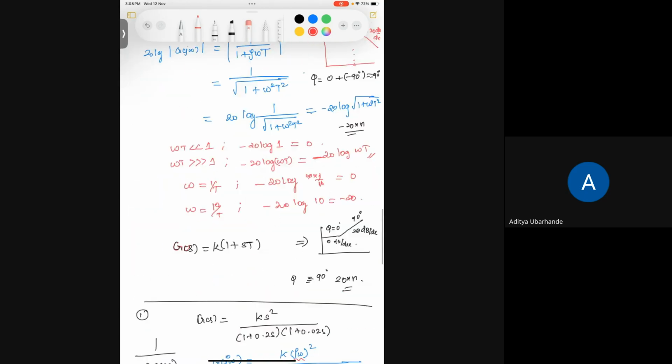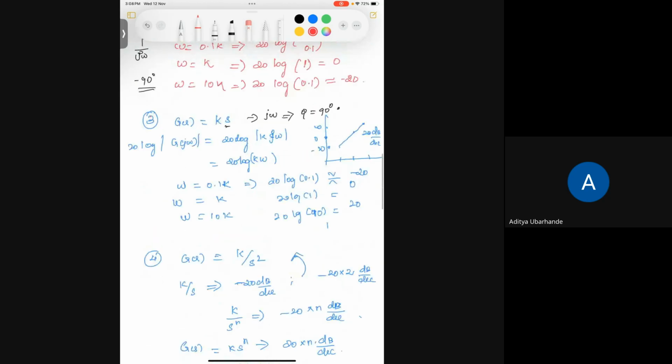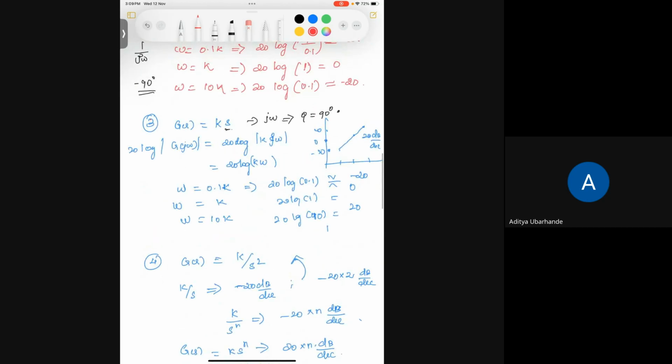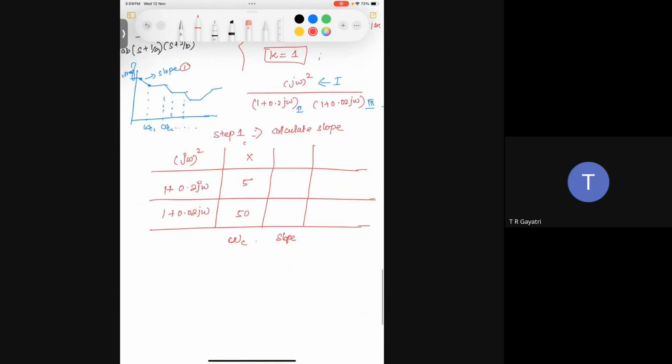So if it is (j omega) squared, it would look like k (j omega) squared. How much would be the slope? 20 into 2, that is 40, right? 40 will be the slope here.